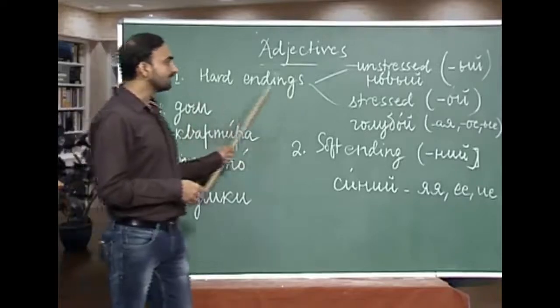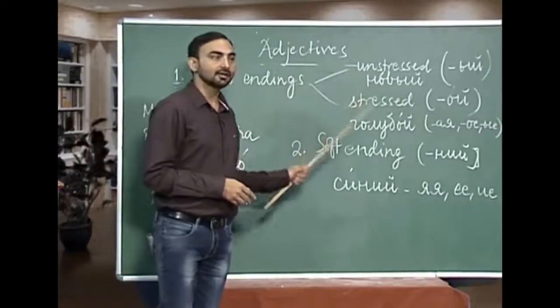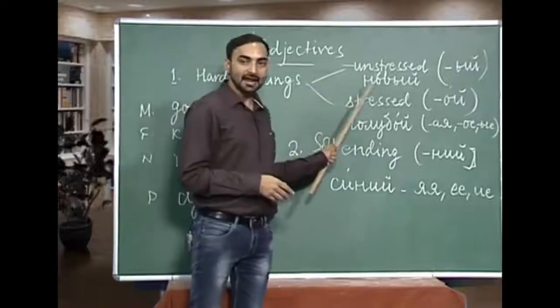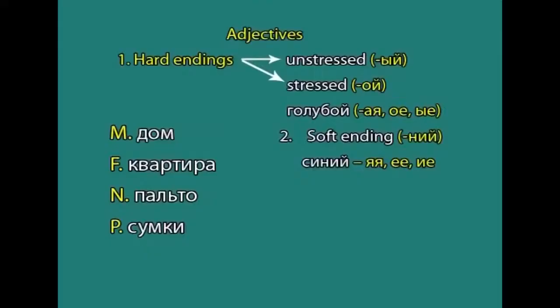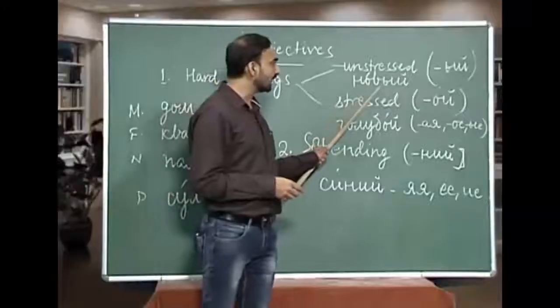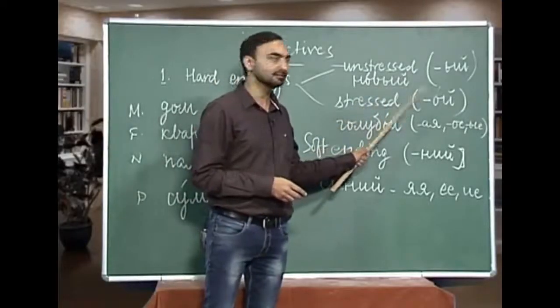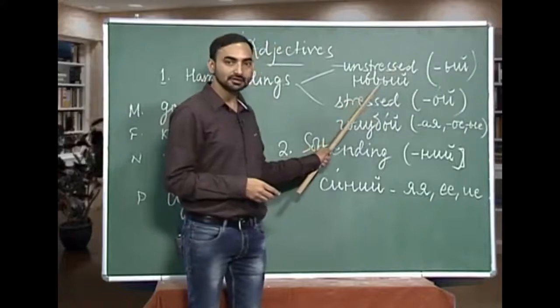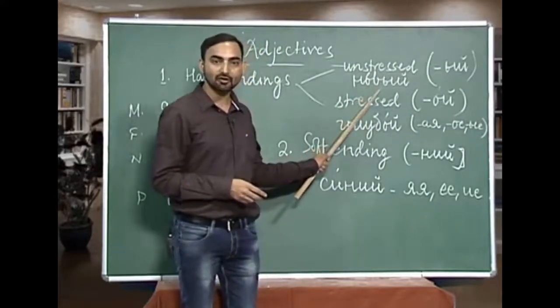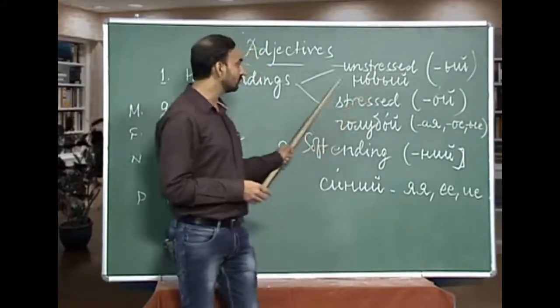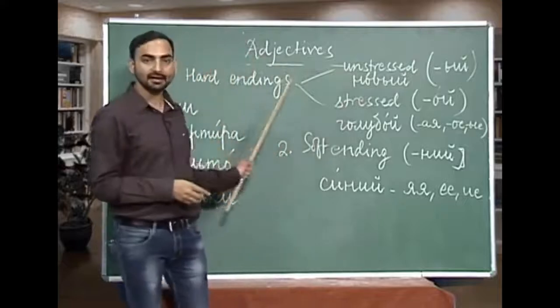Hard ending adjectives are the adjectives when the root ends with a hard consonant. For example, novi. Novi, as you can see, this nov is the root and i kratke is the ending, and nov, the root, ends with a hard consonant which is v. So, novi is a hard ending adjective.